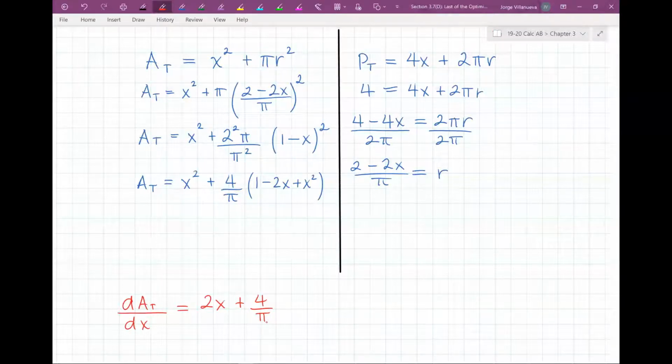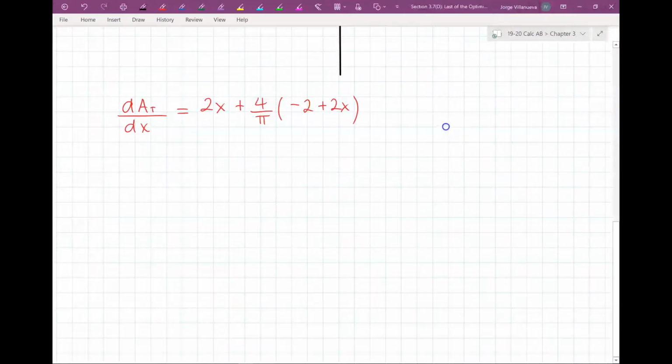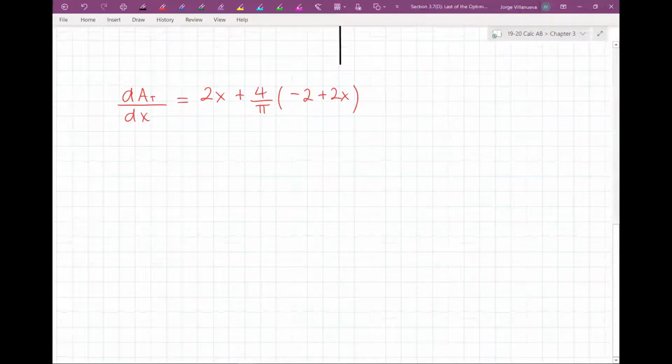The derivative of 1 minus 2x plus x squared is negative 2 plus 2x. I just took the derivative of the inside of the parenthesis. That's all. So let me distribute. We have 2x minus 8 over pi plus 8x over pi.